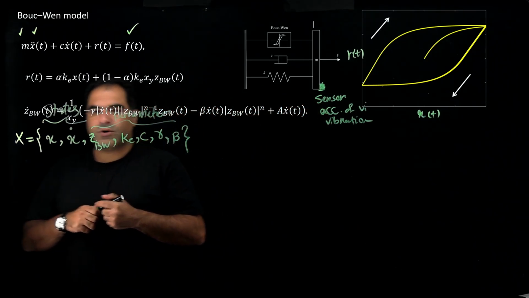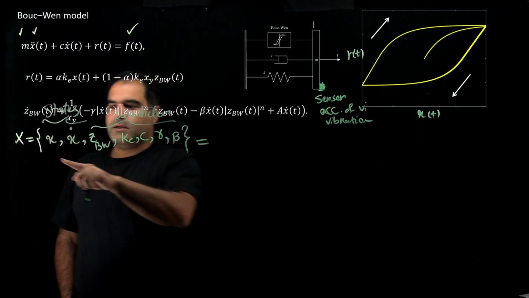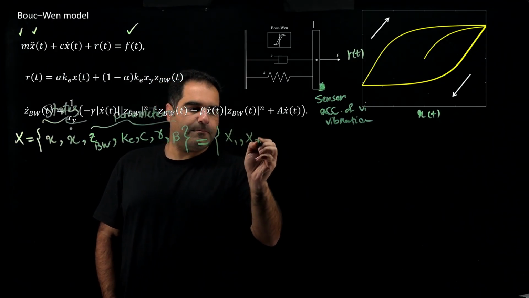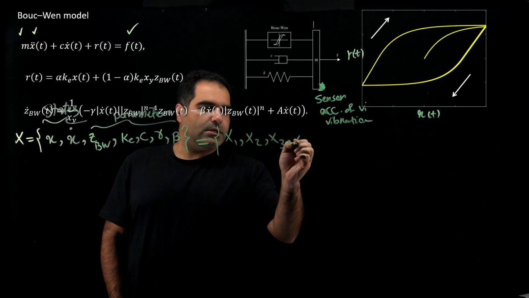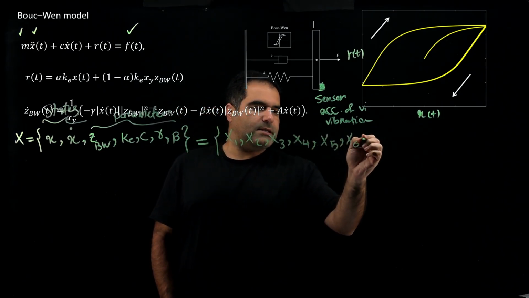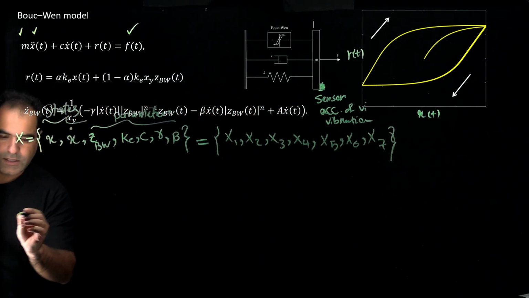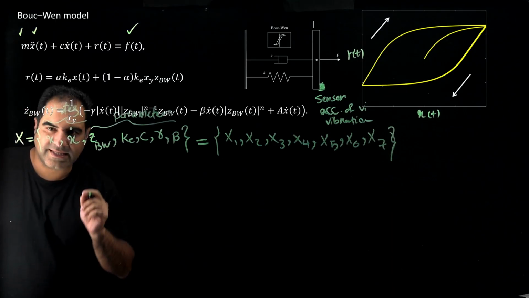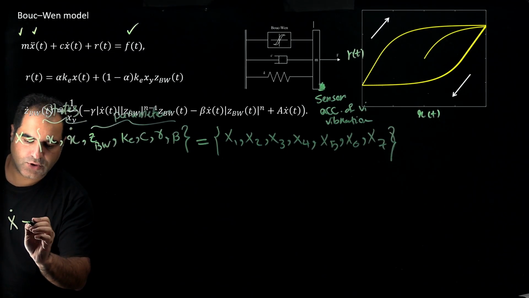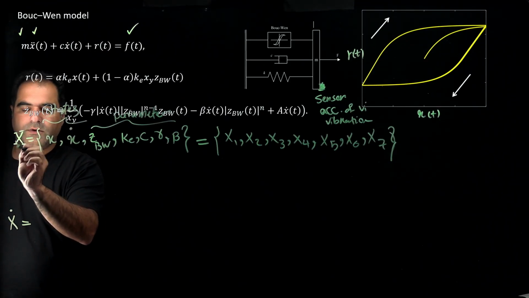First of all, I need to write my transition function. What I do here is define these states and parameters as x1, x2, x3, x4, x5, x6, and x7. I write the equations in the continuous domain and convert them to the discrete domain later. Then X dot, which is my state vector here, I write in capital form.